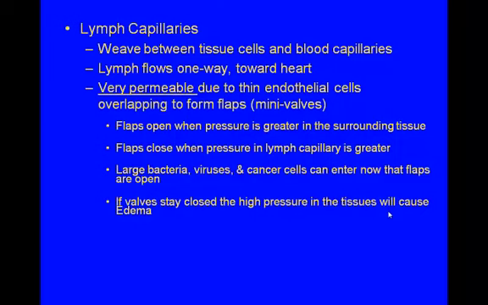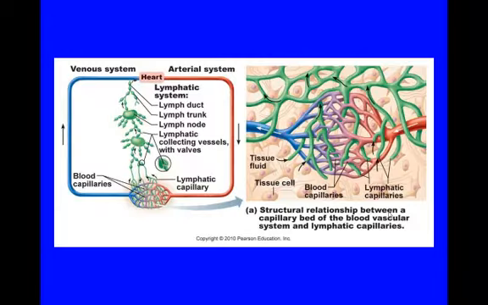That way they can hurry up and close so it doesn't seep back out into the tissues. Your large bacteria, viruses, and cancer cells can all enter now that the flaps are open. If the valves stay closed, the high pressure in the tissues again would cause edema. Here you can see in the blue and red what an actual blood capillary looks like, and then the green is the lymph capillary.